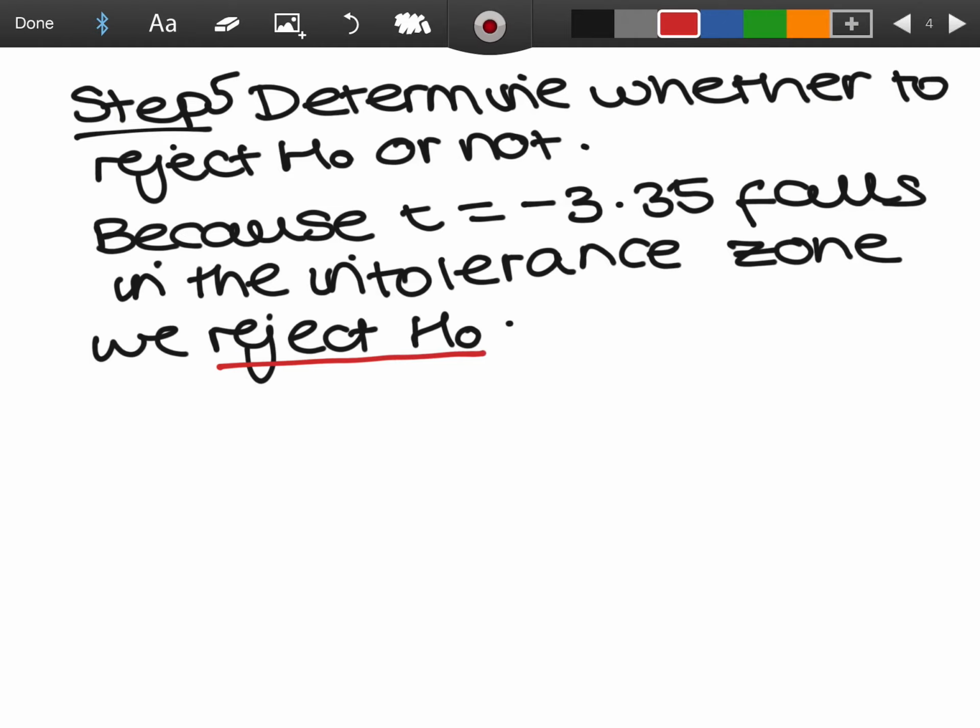Even though our sample suggested it was less than, we can't determine that from the hypothesis test that we have conducted. So all we can say in terms of the problem is that because we reject our null hypothesis, the new test does not take 35 minutes. It actually just takes a different time than 35 minutes. So always relate it back to the original problem.